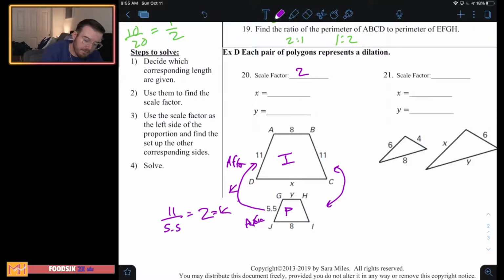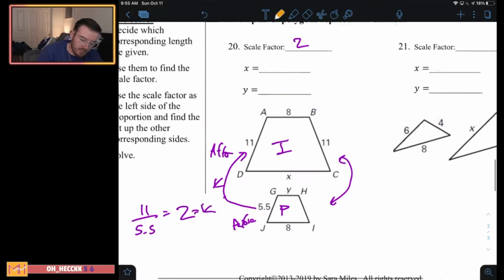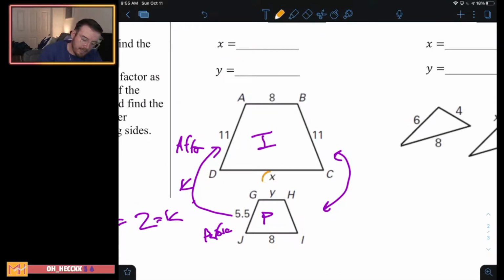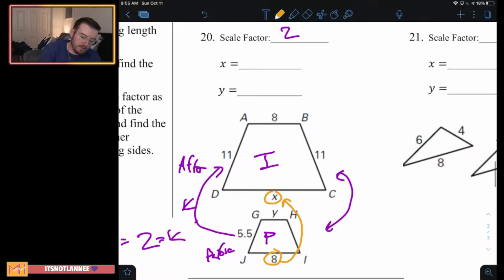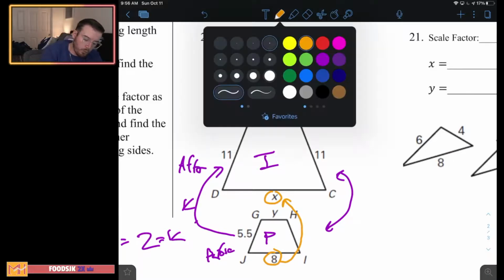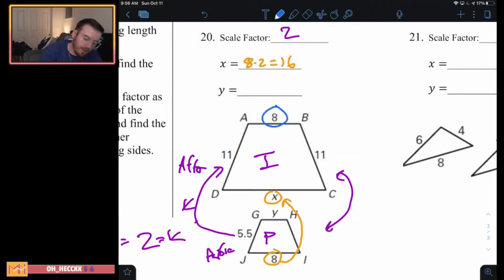So if the scale factor is 2, let's use that. How do I find x? Well, x and 8. I dilate this and make it bigger. 8 times 2 is 16. Well, I have 8, but I'm trying to go backwards and figure out why.